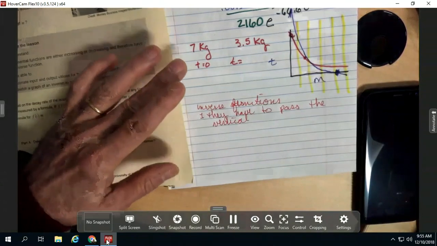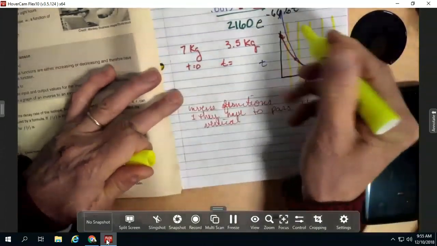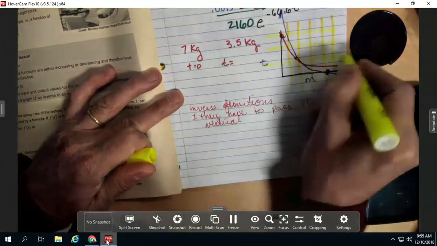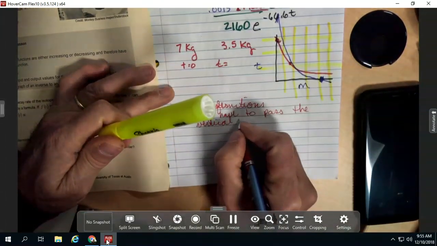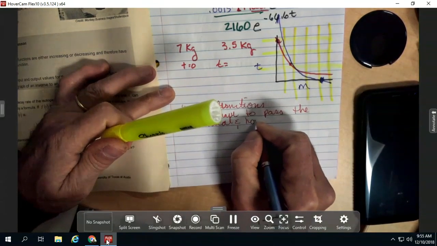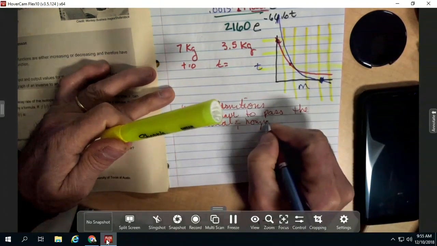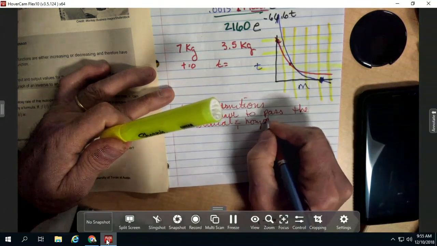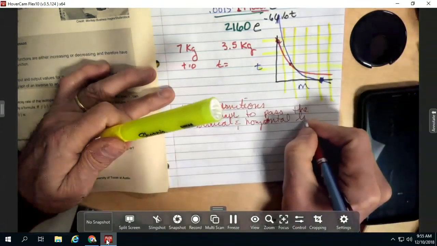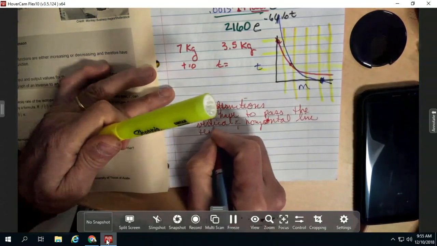And the other way we could have done it originally was we could have just said, does it pass the horizontal line test? So the vertical and horizontal line test.